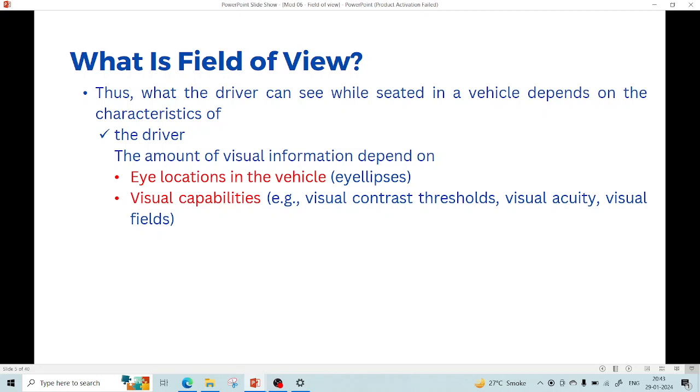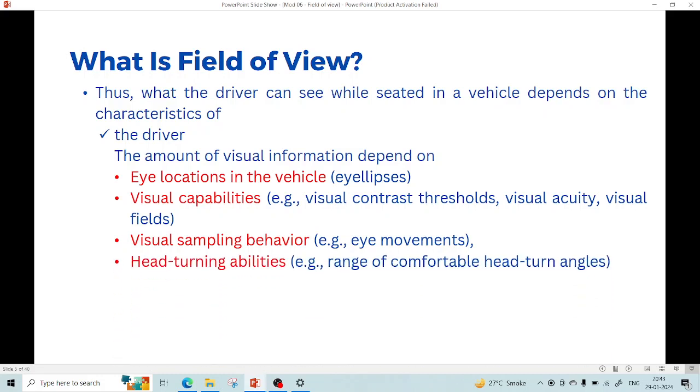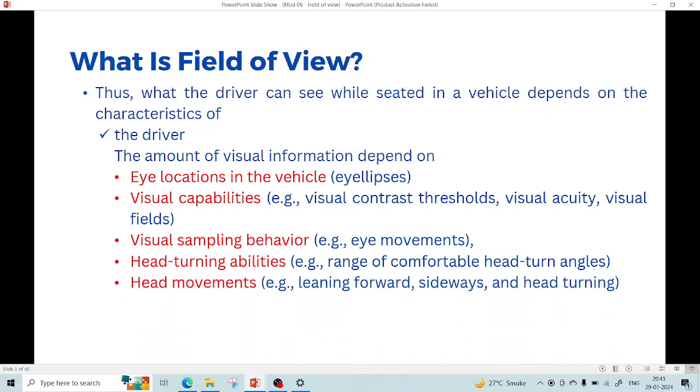Then visual sampling behavior, that is, how eye movements are happening for that specific driver. The head turning abilities, that is the range of comfortable head turn angles, and head movements, that is leaning forward, sideways, and head turning.